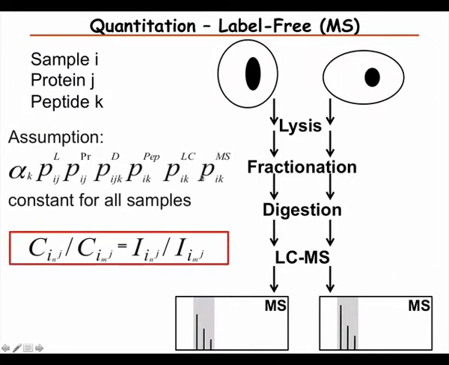And if we succeed to keep these conditions reasonably constant, then the ratio between the intensities corresponds to the ratio between the concentrations. And this is what people call label-free quantitation. And it's used quite a lot.